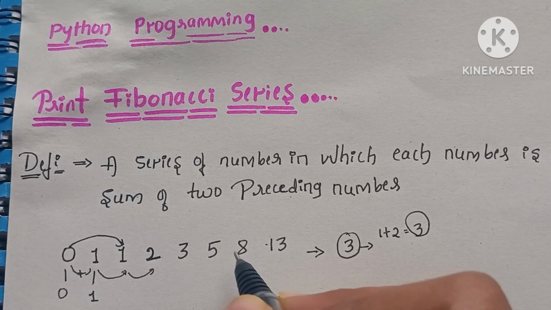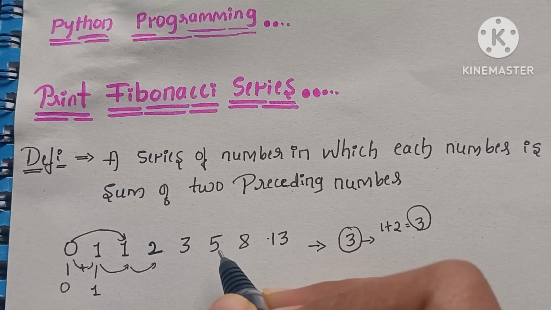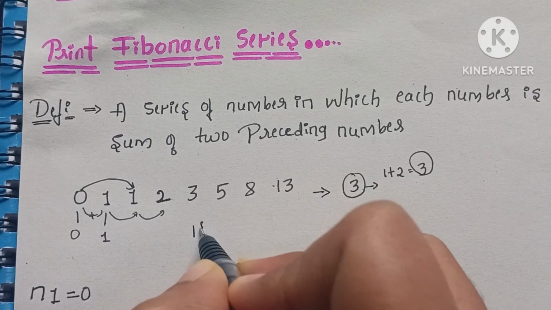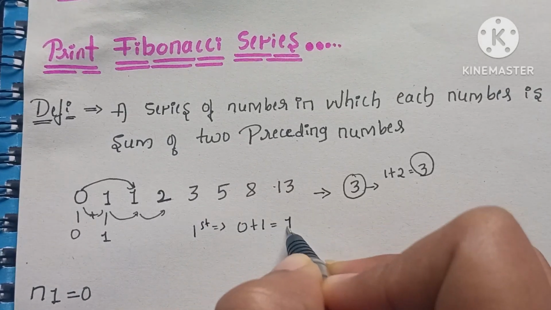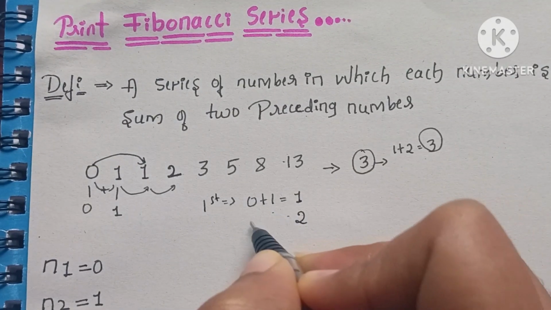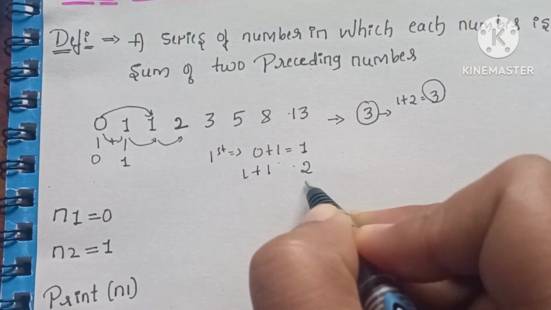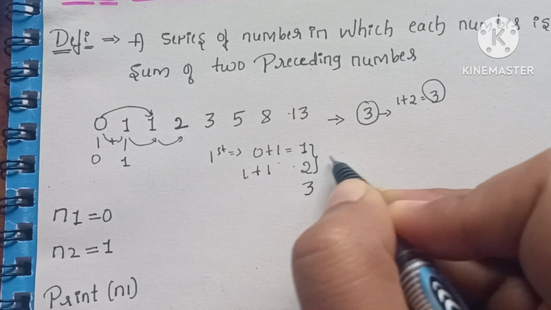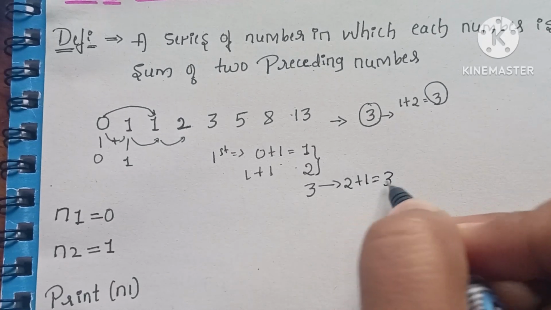So how can we print this series? First of all, let us take the first two numbers. First we need to print the first number, means we need to add 0 plus 1, then it will turn 1. And then you need to print 2, means you need to add 1 plus 1, then this is 2. Again you need to print 3, so you need to add these two numbers, 2 plus 1, 3.